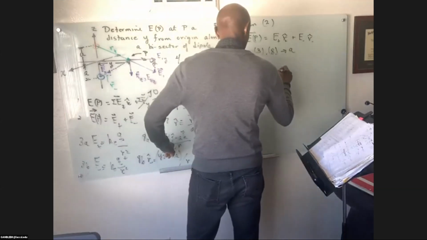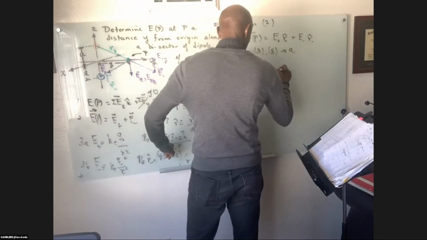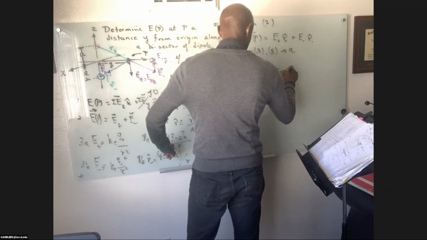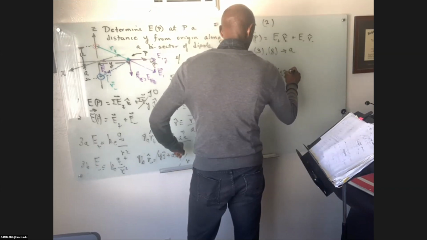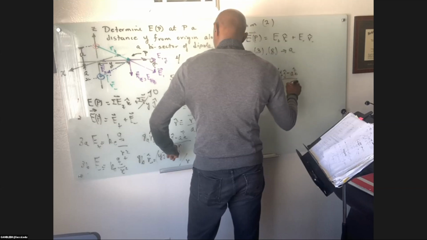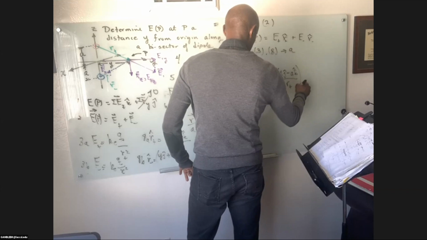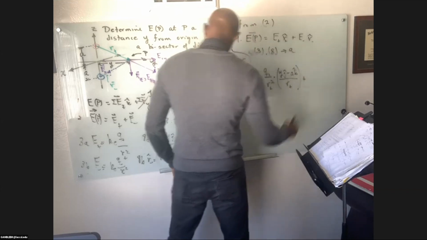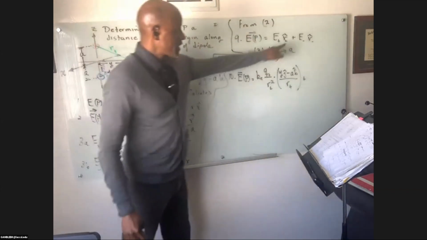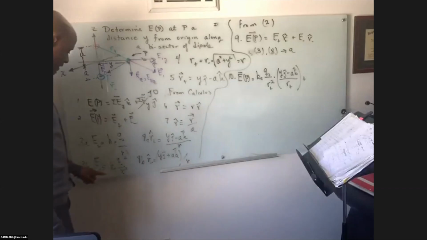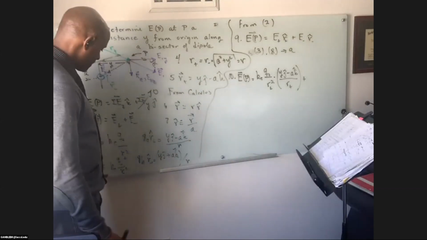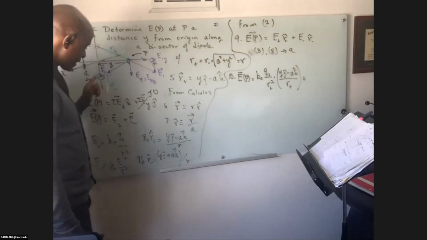It's y j hat minus a k hat over the magnitude of R plus. And I'm going to add to that the second term, which is the magnitude of the field due to the negative charge.